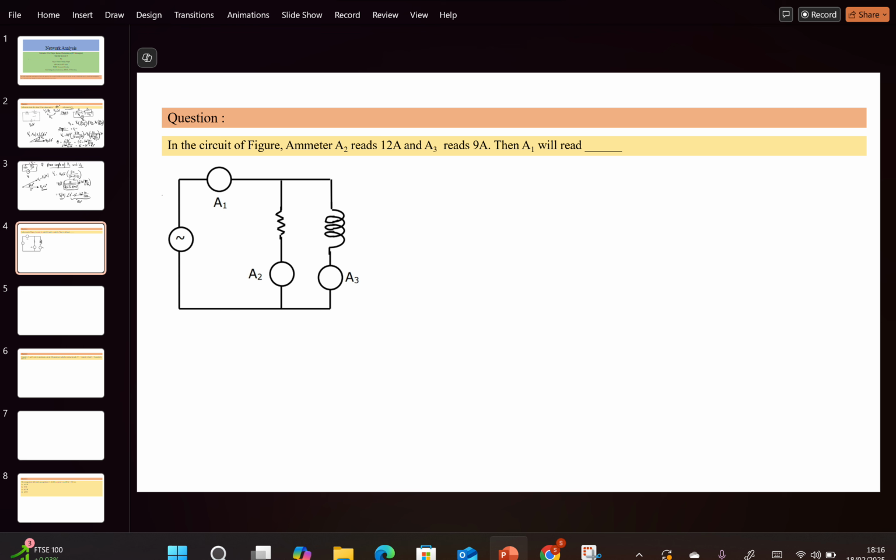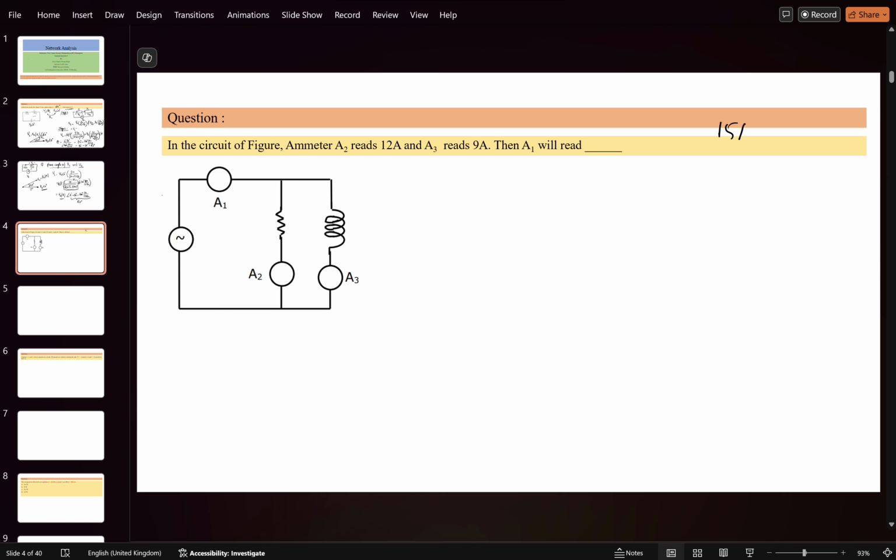Okay, I got one answer as 15 amps. Anybody else? Try to solve with respect to the phases, because the circuit elements are different.